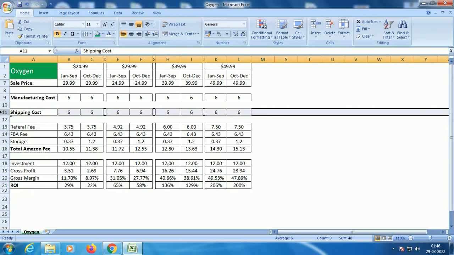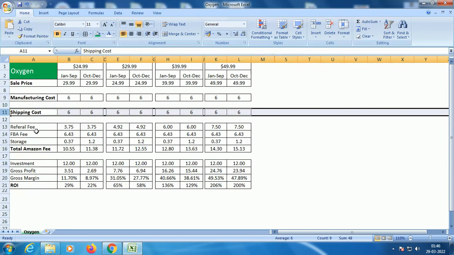estimated shipping cost. And then you anyways have your competitor's ASIN. You can just go to Amazon profitability calculator, or you can also use Helium 10 profitability calculator. You just plug in your competitor's ASIN and then just extract the data. See what they're paying in terms of referral, what they're paying in terms of FBA storage, and so on.